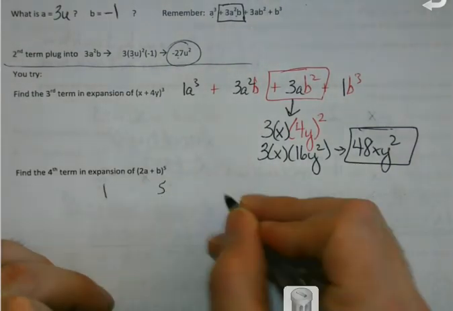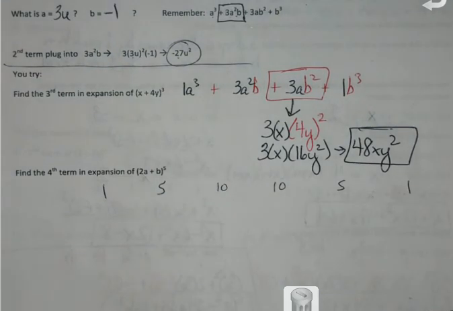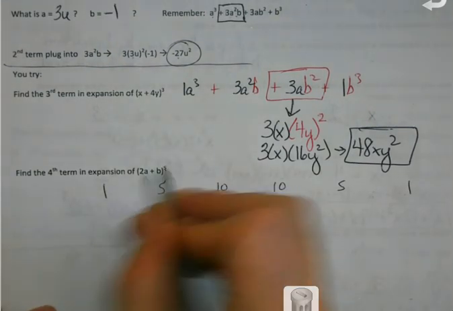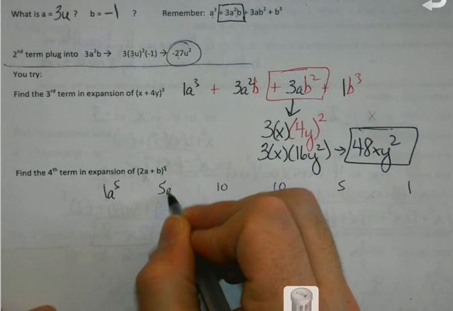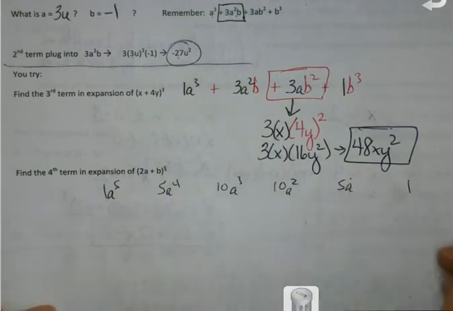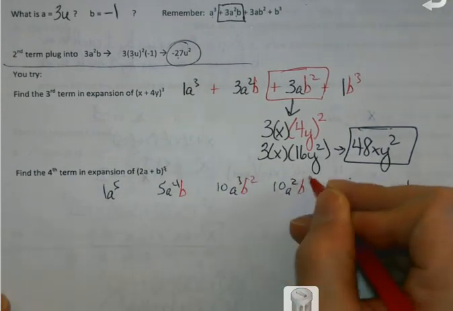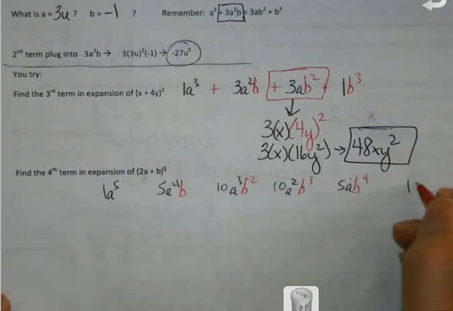1, 5, 10, 10, 5, 1. And again, it's starting at degree 5, and it goes down 1 each time. And for my b's, it goes up 1 each time.